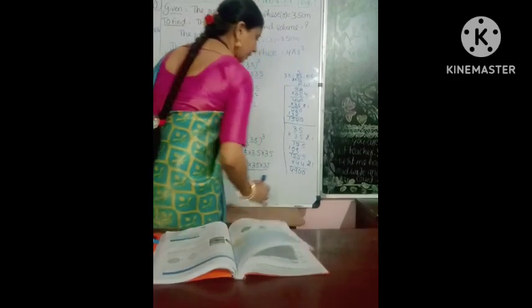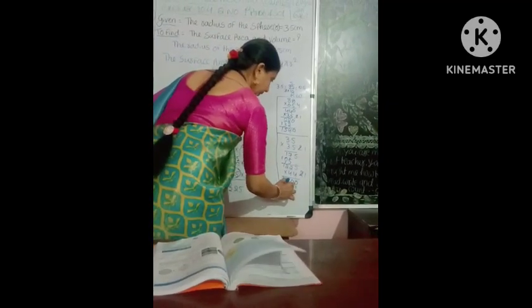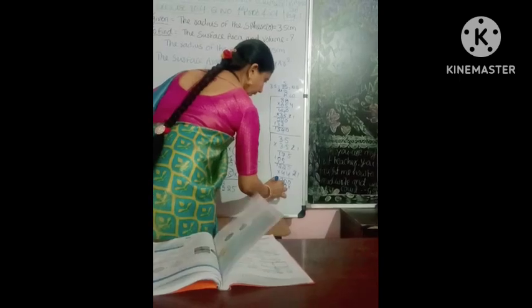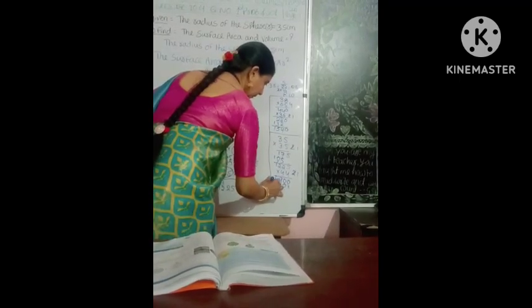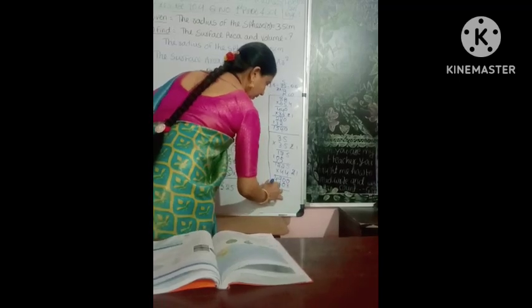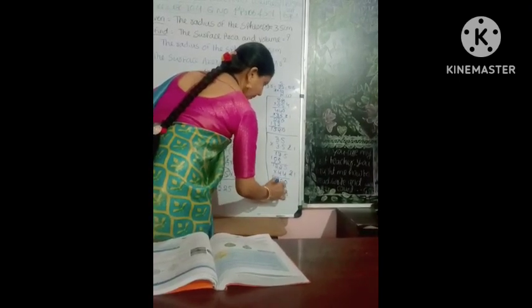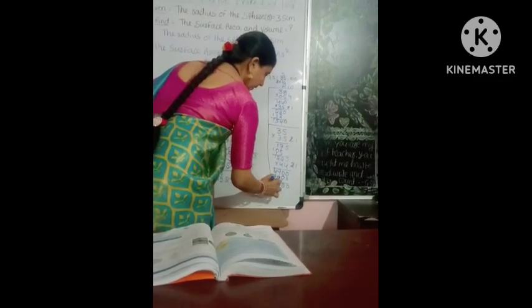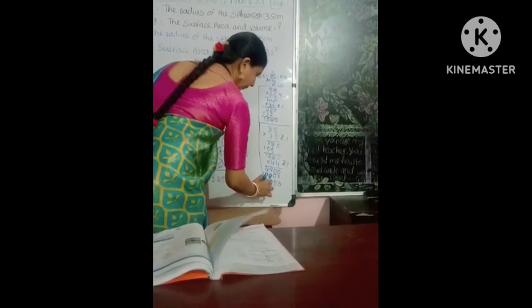Next, the second digit is also the same, so directly write it down: 0, the same value. So the sum of these two terms: 0, 0, and next 9 plus 0 is nothing but 9. 4 plus 9 is nothing but 13, and 4 plus 1 is nothing but 5.